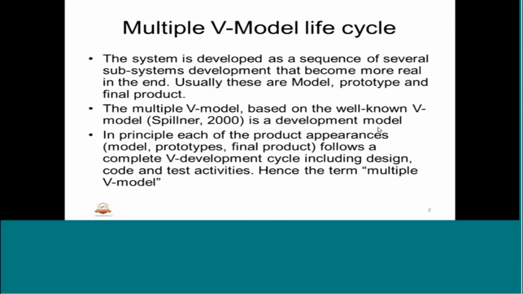Okay, so the essence of multiple V model is that different physical versions of the same system are developed. That means you take an example, prototype. We might have prototype 1, 2, 3, etc. So say different versions or different feature-wise products as a prototype we will have developed.